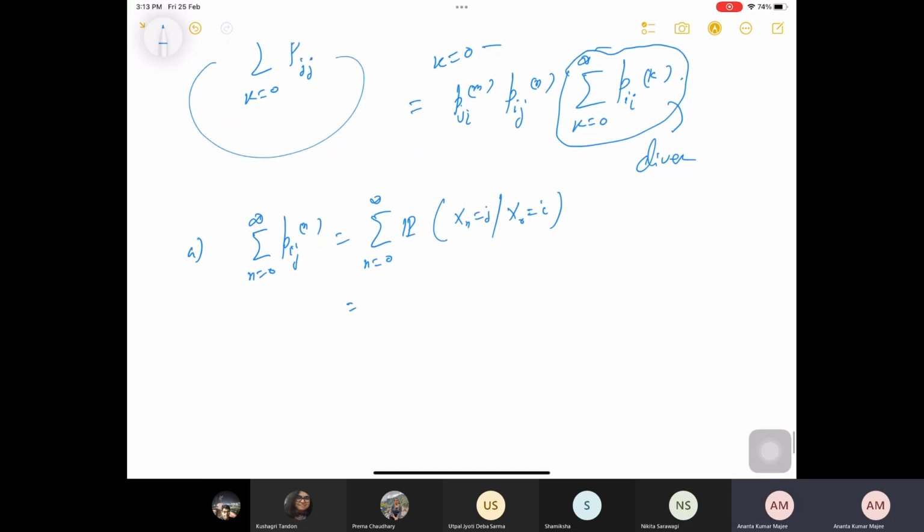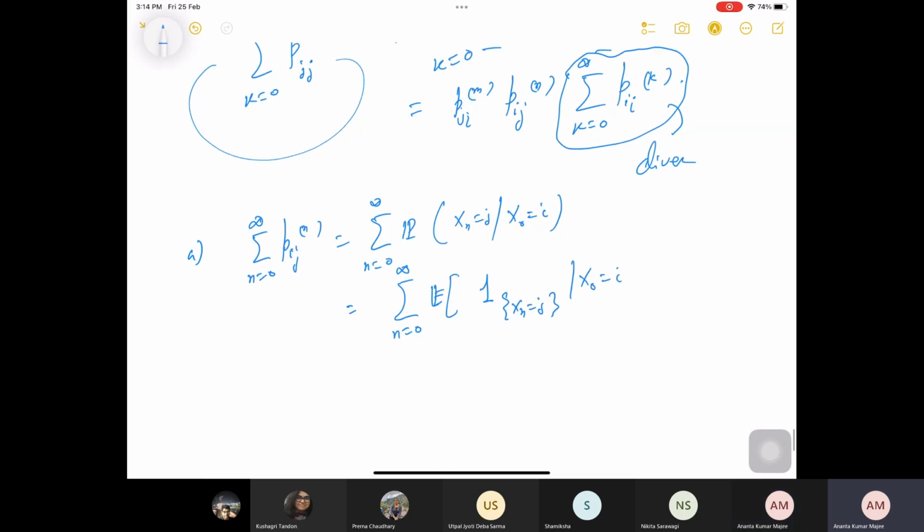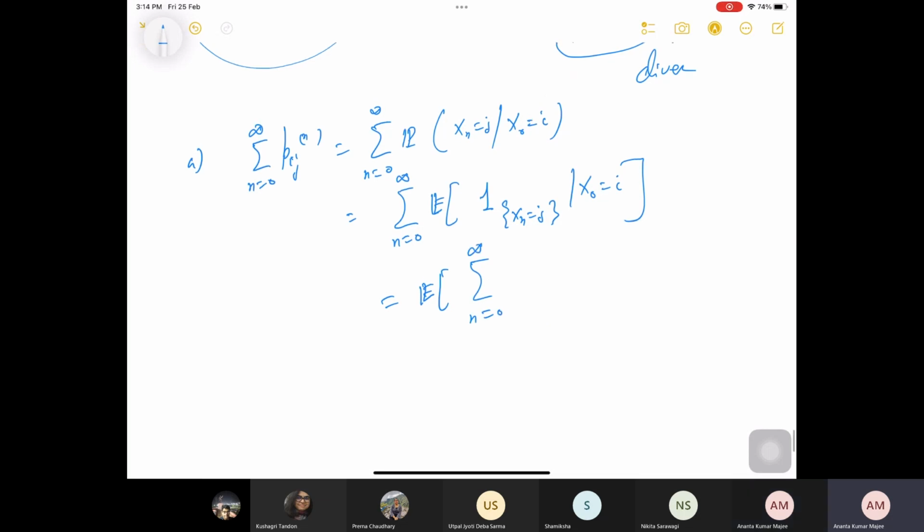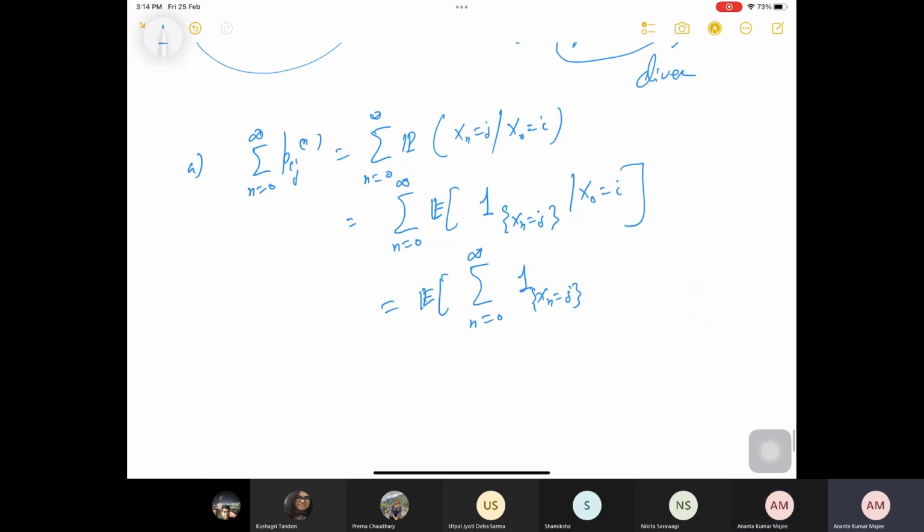Now I can write this as a characteristic function: the summation over n equal to 0 to infinity of the expectation of the characteristic function of Xn equal to j, given X of 0 is equal to I. Since these are characteristic functions, you can interchange the expectation and the summation. So this is the expectation of the summation over n equal to 0 to infinity of the characteristic function of Xn equal to j, given X of 0 is equal to I.